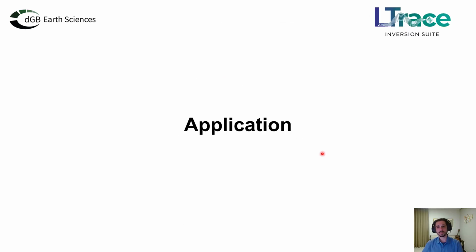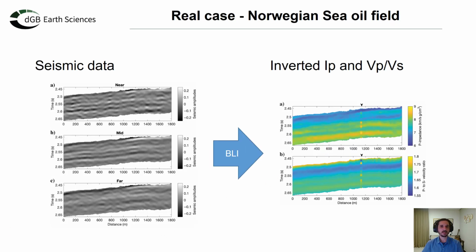So about the applications, using this formulation in the Bayesian Linearized Inversion and facies inference, we apply it in a Norwegian Sea oil field, real data here. So we have this seismic data, near, mid, and far angle stacks. We applied BLI to estimate the P-impedance and the Vp-Vs ratio.